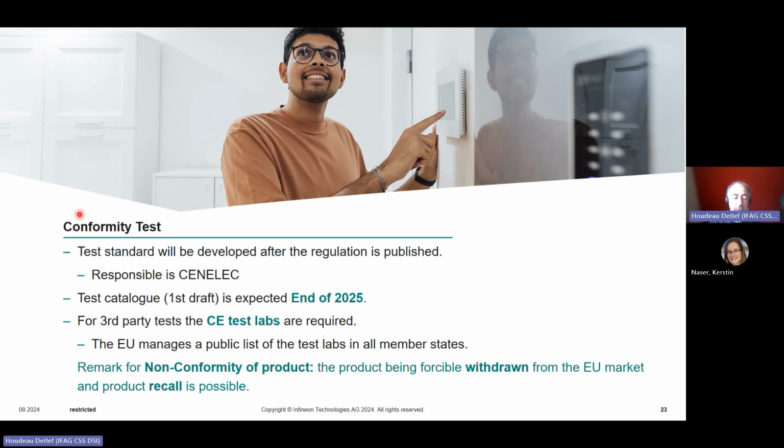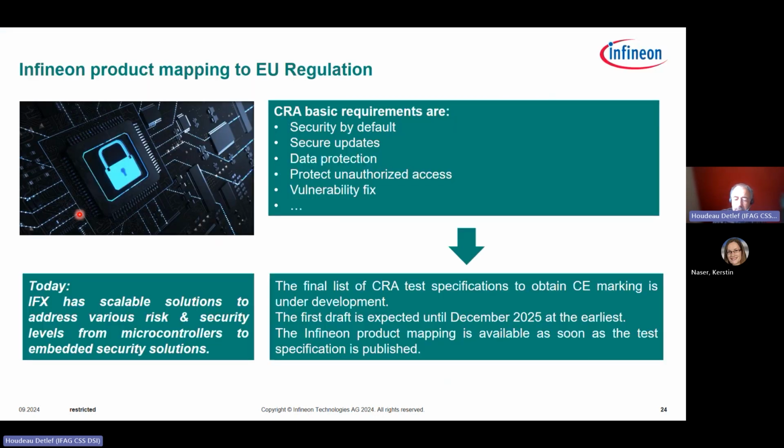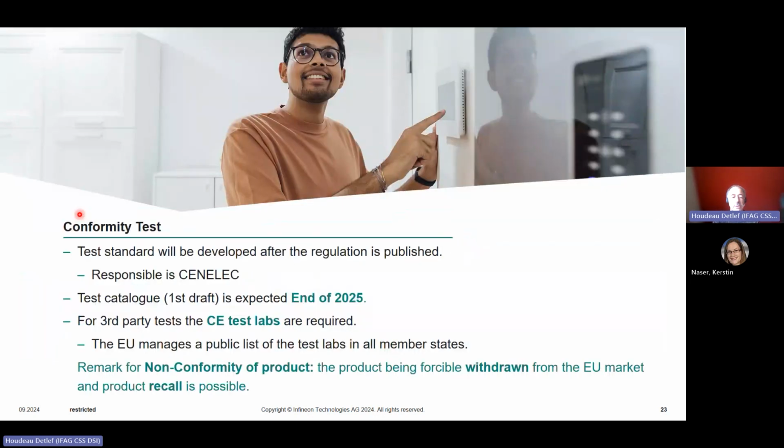Looks a little bit challenging today, but this is the view of the Commission, to have this ready and to publish this to the CE test labs, because they also need some time to build the right test framework, test equipment, and be ready for testing of products for the European market.